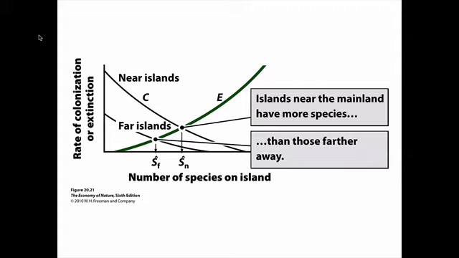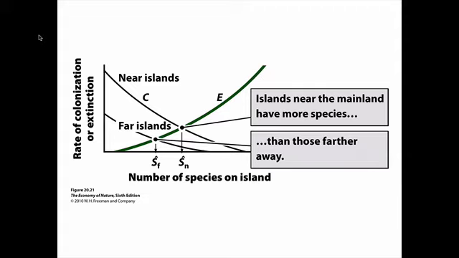Besides you guys. Okay, now there is a close island that is easier to get to, so the colonization rate is higher. You have a far island that is harder to get to, so the colonization rate is lower. So here's the higher colonization rate, nearer the mainland. Here's the lower colonization rate, away from the mainland.